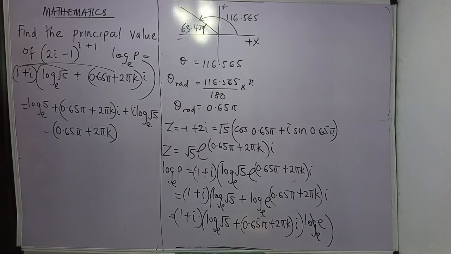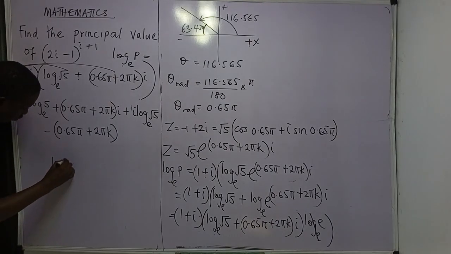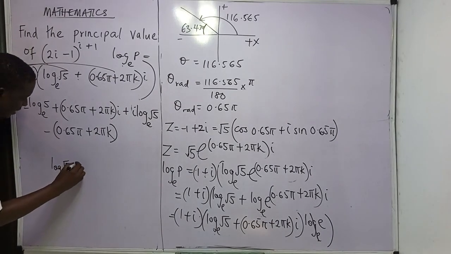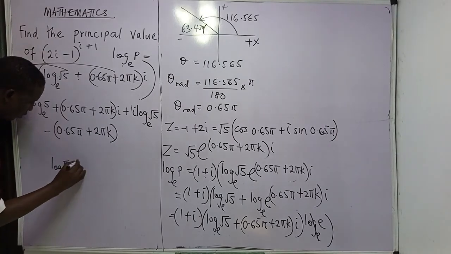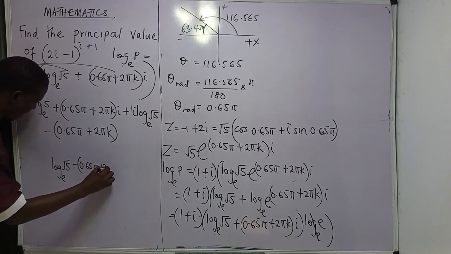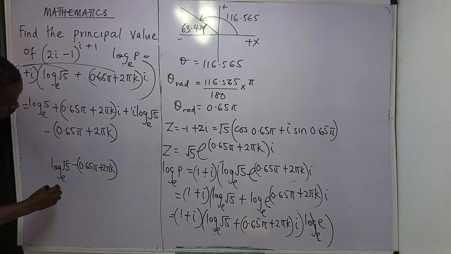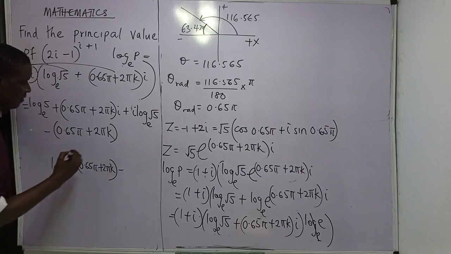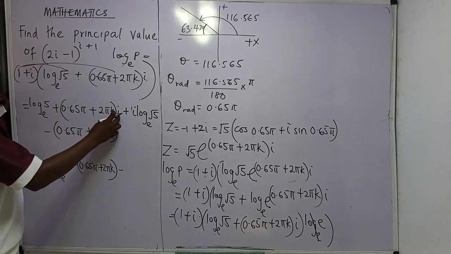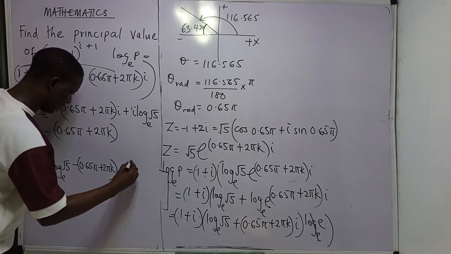What are the like terms we are talking about? All this, the ones that have i, let's go one side. So I would have log to base e to square root of 5 minus 0.65 pi plus 2 pi k on one side. Then plus, so has i, let's say i in bracket, now be what?